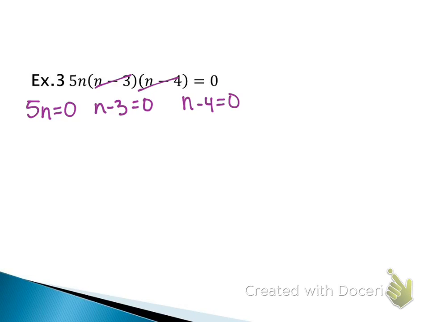So this time, how many solutions will we end up with? 3 of them. We set up 3 equations. We're going to get 3 solutions. Connie, can you tell me how to solve one of these?